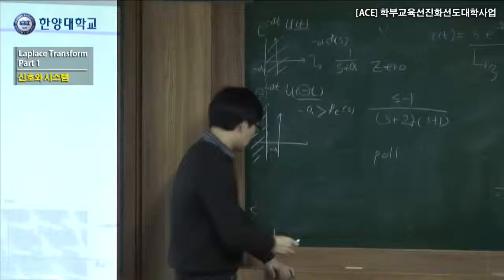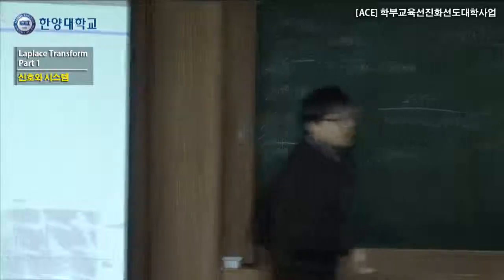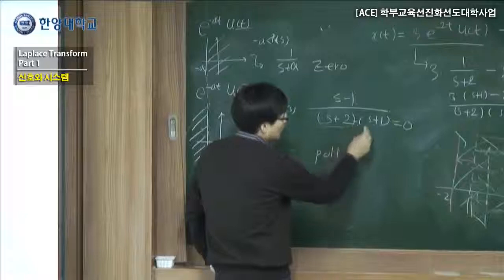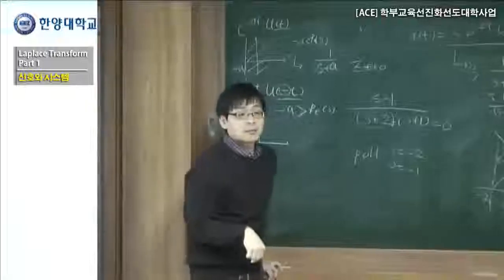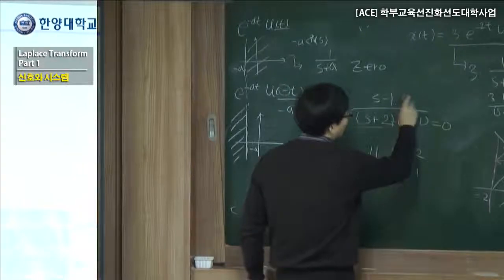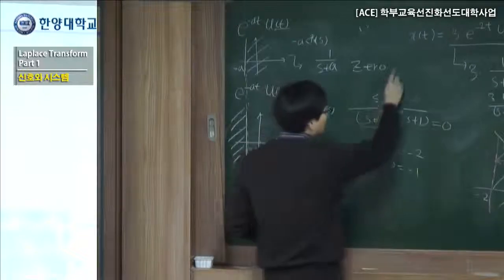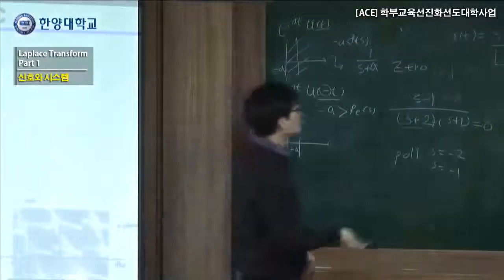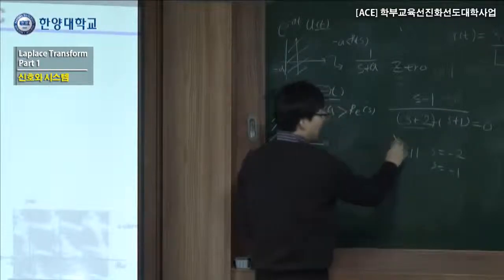Pole is the value of s or jω that makes the denominator 0. That's a pole. So in this case, the pole is where this one becomes 0, which is s equals minus 2 or s equals minus 1. Zero is the value of s or jω making the numerator 0. So in this case, zero will be s equals 1. Zero typically is shown as a circle. Pole is typically shown as x.